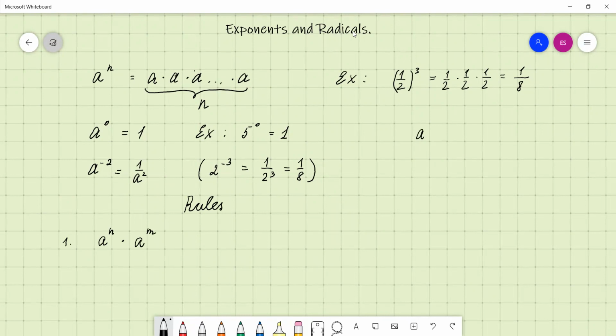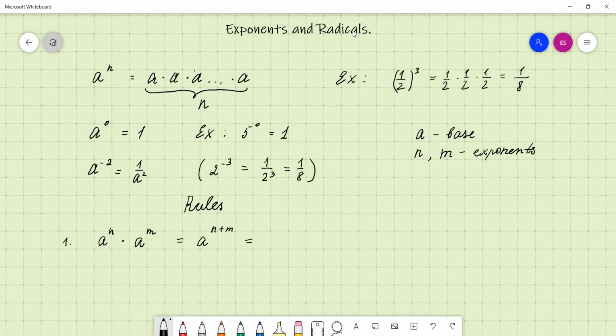Let me write it down. a is the base, and n and m are exponents. So if two numbers have the same base but different exponents, you can add the exponents, and that gives you a to the power of n plus m.